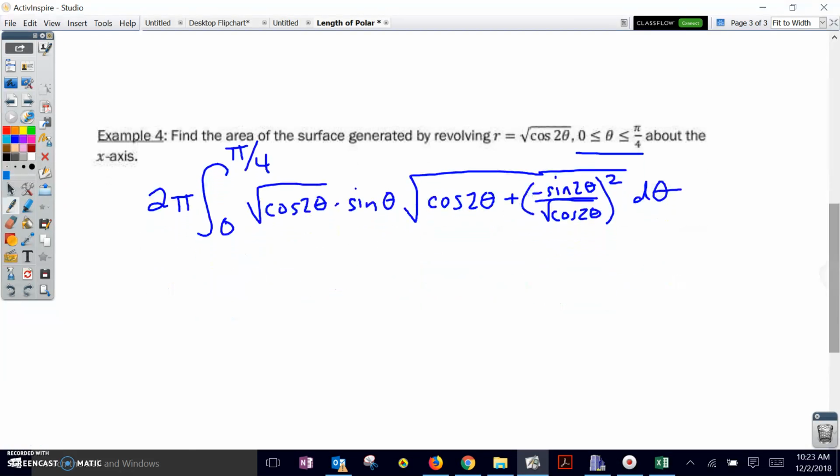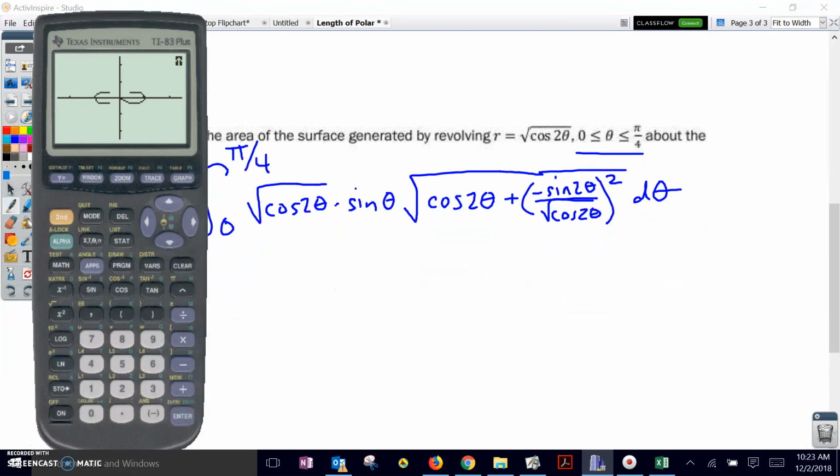And now I'm going to go ahead and calculate this. I'm just going to take the entry that I had before and edit it.